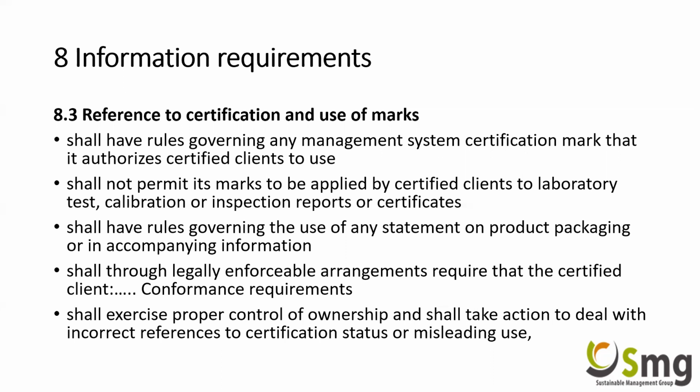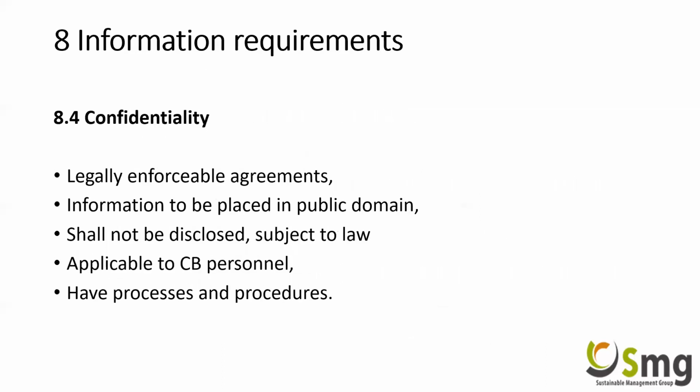It has to be clear that it's the management system that's certified, not the product. The CB shall, through a legally enforceable arrangement, require that the certified client conforms to the requirements. So we need to make sure that we follow up on clients that do not follow the requirements, and we have to control that.